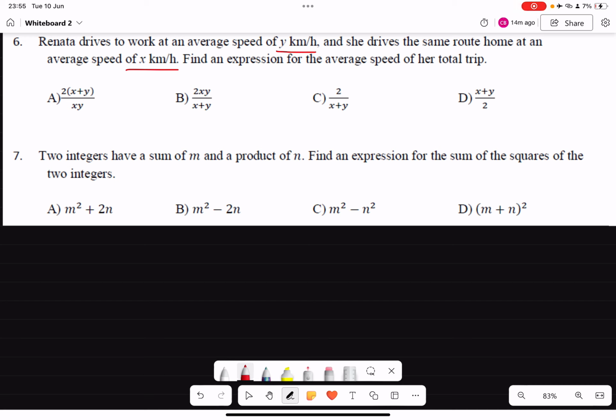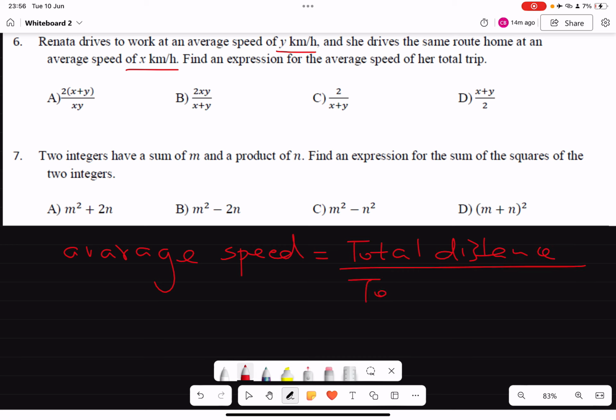And we are asked to find the expression for the average speed of the total trip. So average speed, remember, would be total distance over total time traveled.